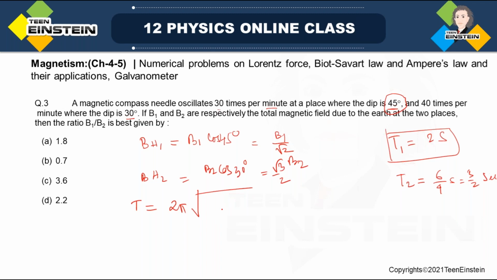So the time period is given by 2 pi root over I by M into BH.